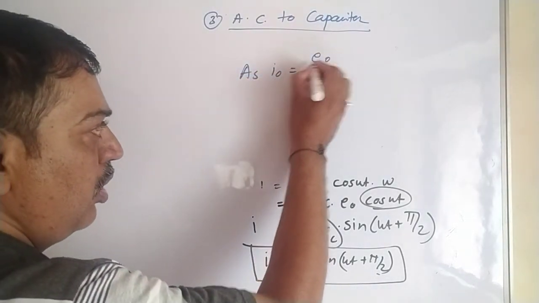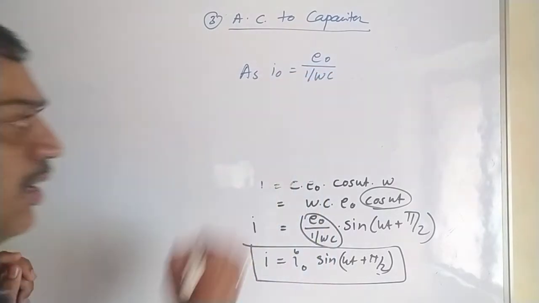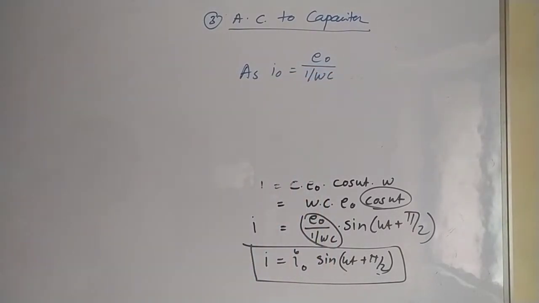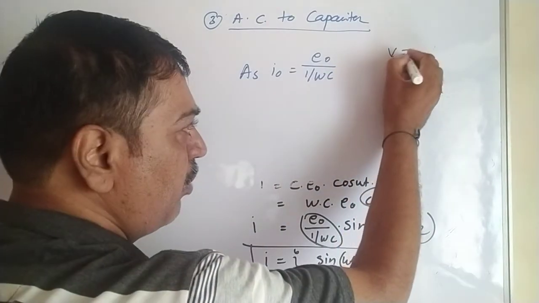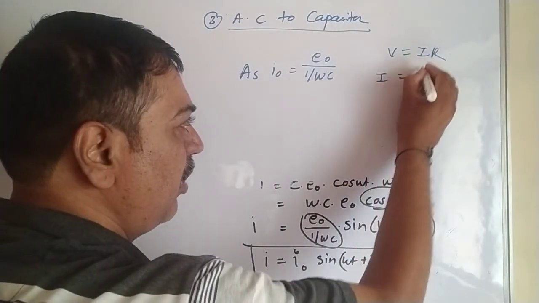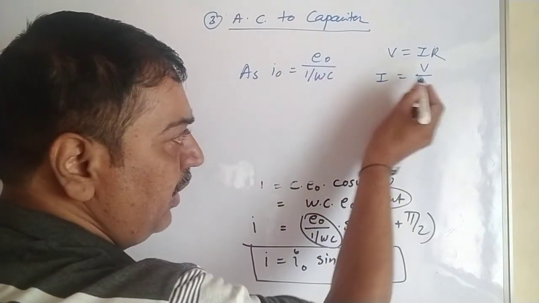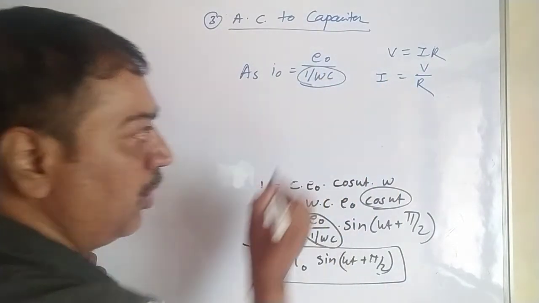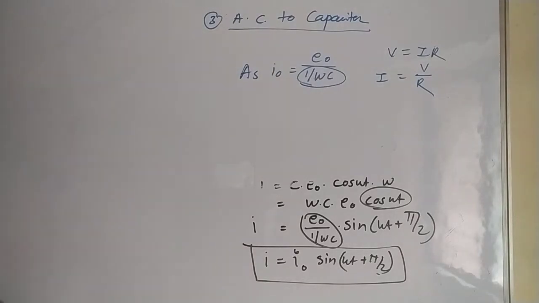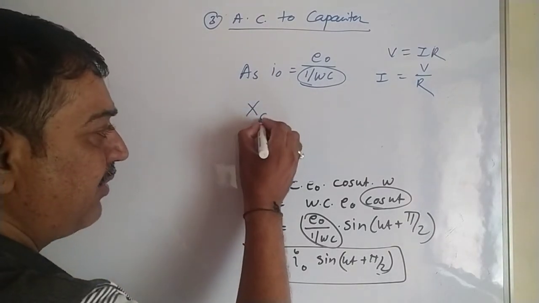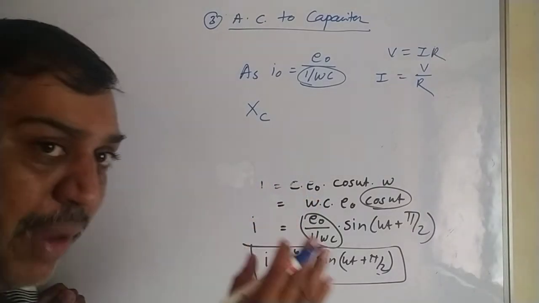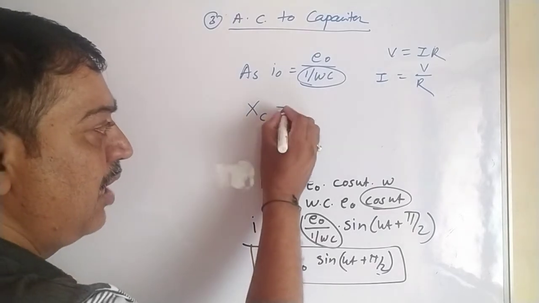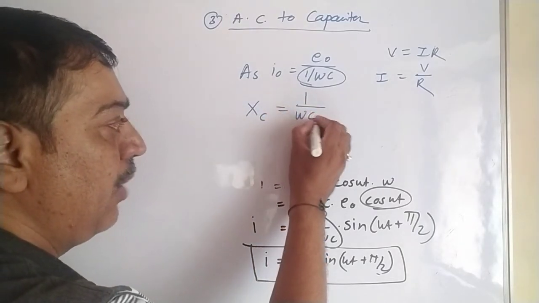I0 equal to E0 divided by 1 divided by omega C. If we compare this with Ohm's law, V equal to IR, I equal to V by R, so this must be equal to the resistance of the capacitor circuit, and that is said to be capacitive reactance. In case of an inductor, inductive reactance. In case of a capacitor, capacitive reactance represented by Xc, and it is equal to 1 divided by omega C.